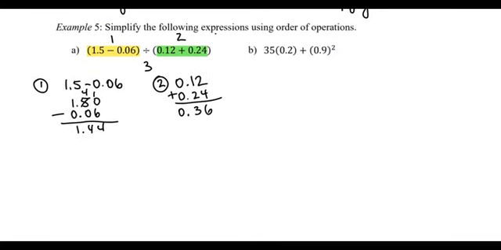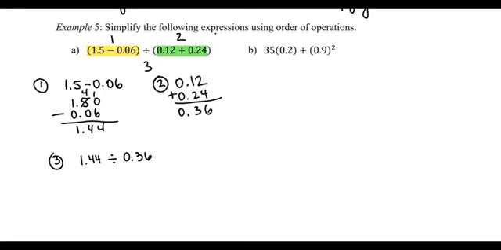Okay. And then the third one, step number 3, I'm going to get the answer from step number 1, which is 1.44, and I'm going to divide by the answer from step number 2, which is 0.36. All right, so because my second number is a decimal, I'm dividing by a decimal, I need to get rid of the decimal point.